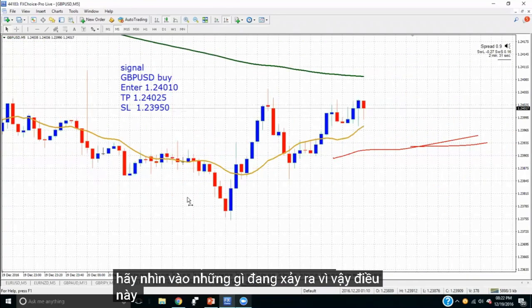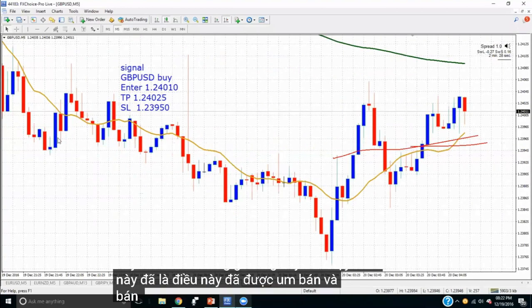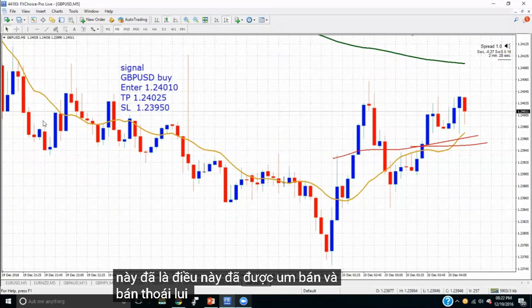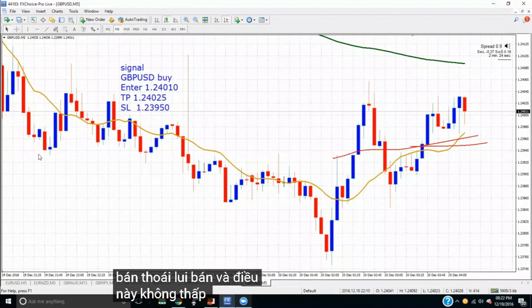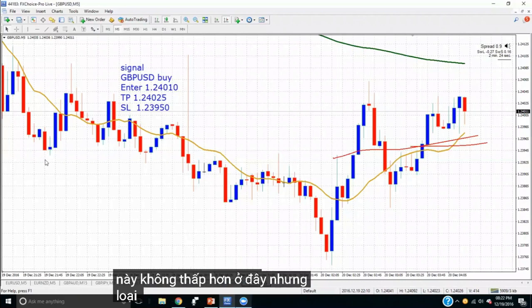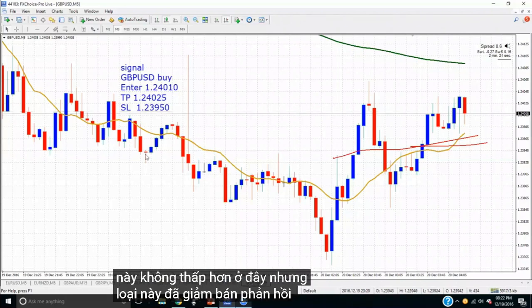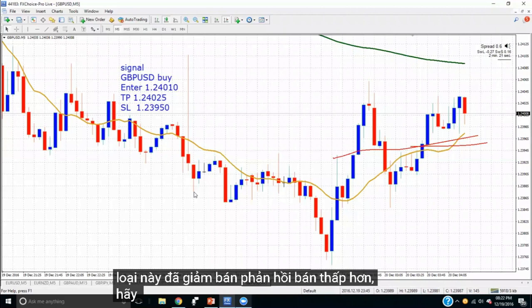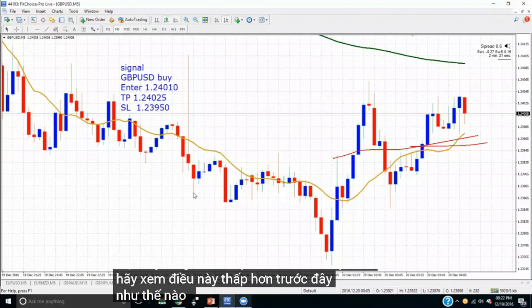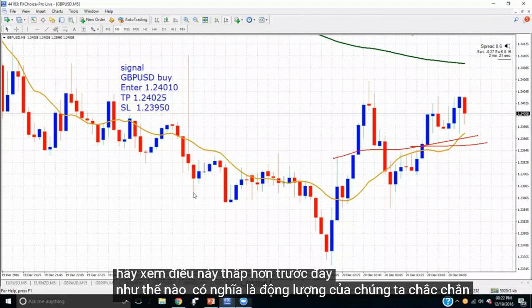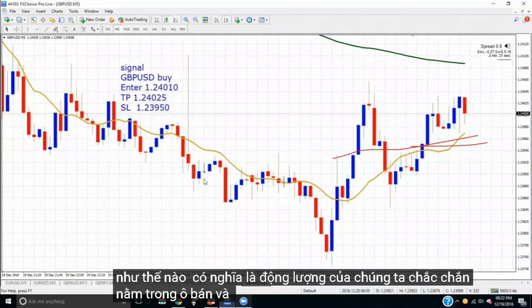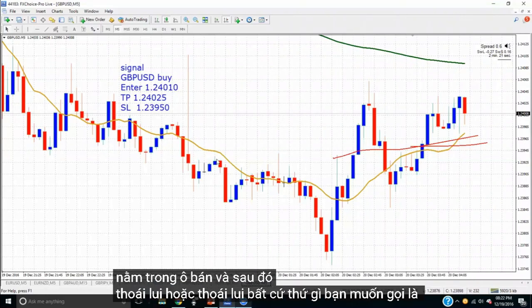This thing has been sell and retrace, sell, retrace, sell, and this didn't go lower than here, but this went lower. Sell, retrace, sell. See how this is lower than before? That means our momentum is definitely in a sell.